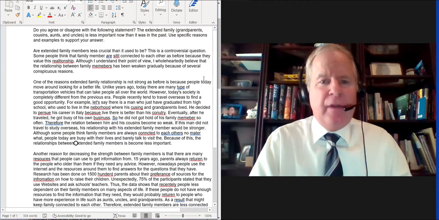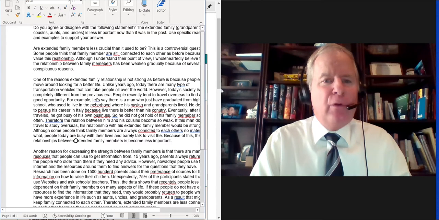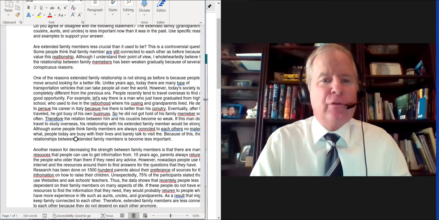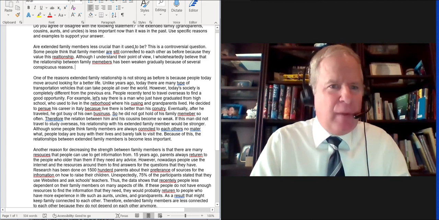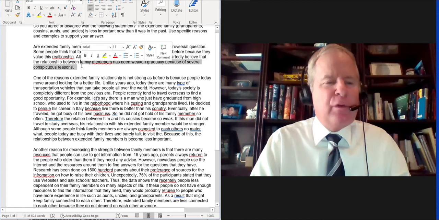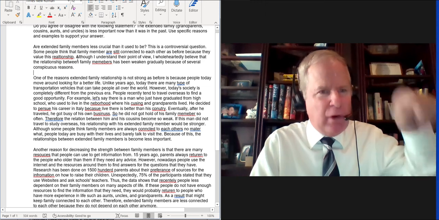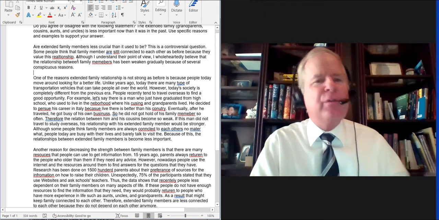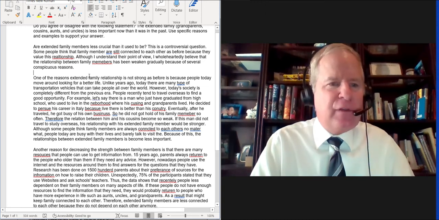Okay, I'm looking at the essay right now, and I just read everything. I think for the most part, you have good structure to your ideas. My one suggestion might be to think of a more specific thesis that you can put in the beginning here. I believe the relationship among family members has been weakened because of, and then state the two key points in this thesis.